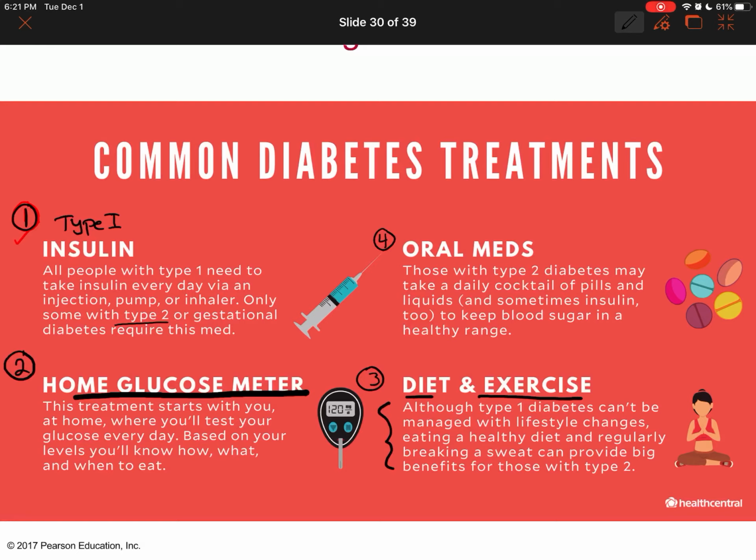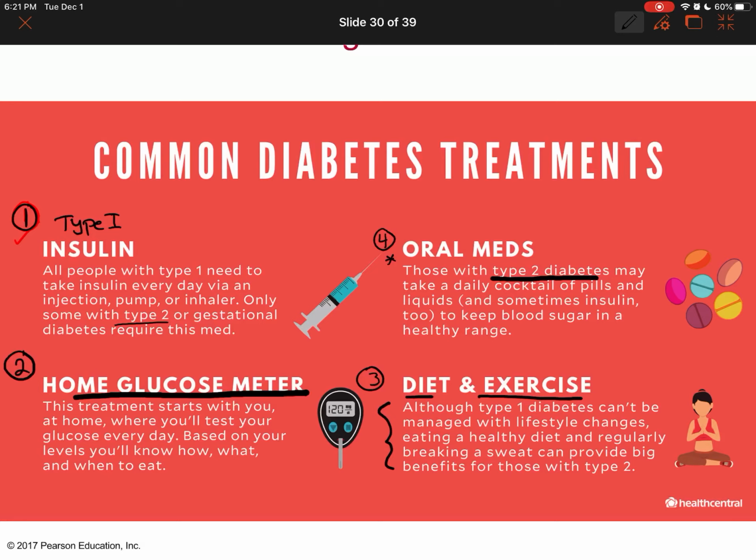Now, type 2 diabetes also has oral medications. The oral medications that are around are looking at trying to decrease blood glucose levels. We saw all the problems that are involved with high glucose levels. So with type 2 diabetes, they can take a daily cocktail of pills and liquids, sometimes insulin, but these patients will try other avenues to try and stop high blood glucose.